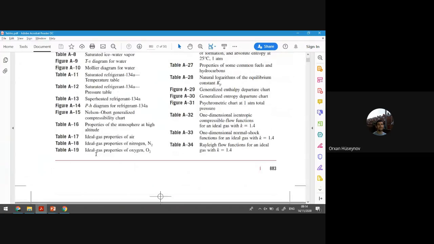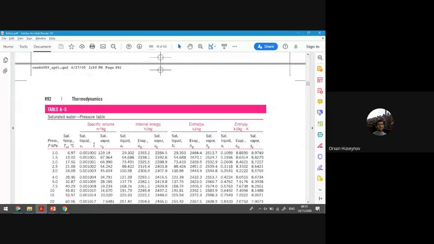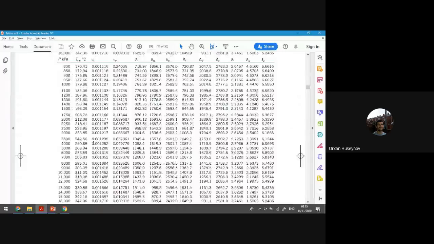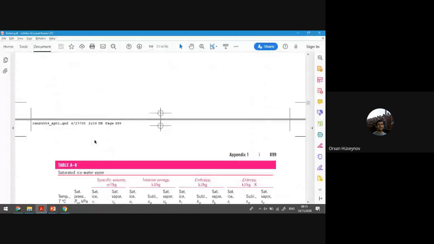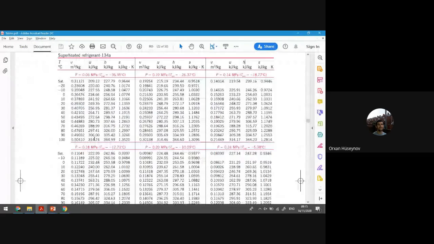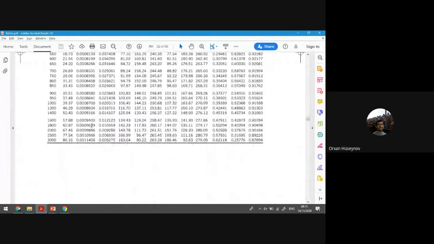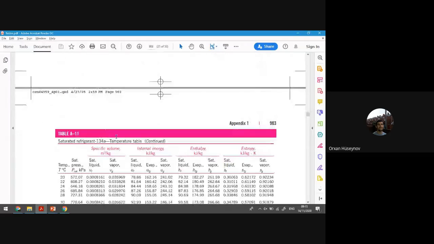Now let's go back to table A12. So we have the water here, no problem. Then we are going to refrigerant, and we are looking for the pressure table, because for the saturated refrigerant table it doesn't matter whether it is temperature or pressure.